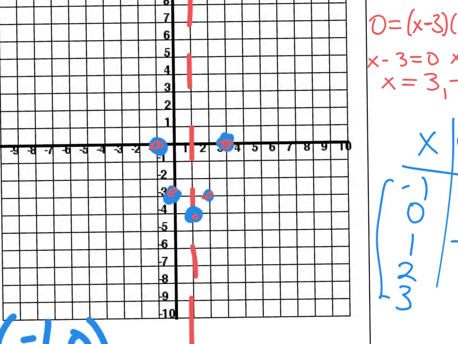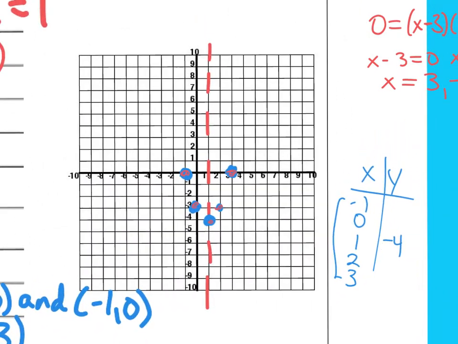So if I knew, for instance, and I don't know that this point's on this line, but let's say that this point right here, (-4, 4), was on that line. Well, couldn't I just go over here and count that same amount of blocks away from here and put a point? Yeah, because that's symmetrical over my line. Those points don't go there, so don't draw those. But that's how this works, okay? So if you have a few points and you don't want to have to do more math, use them, okay?